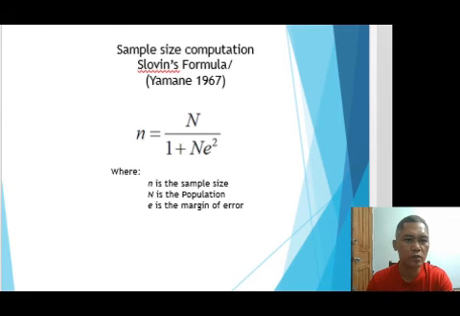And for the sample size computation, we have here the Slovin's formula: lowercase n is equal to uppercase N divided by quantity 1 plus uppercase N times e raised to 2. Here, small letter n is the desired sample size, uppercase N is the population, and e is the margin of error.